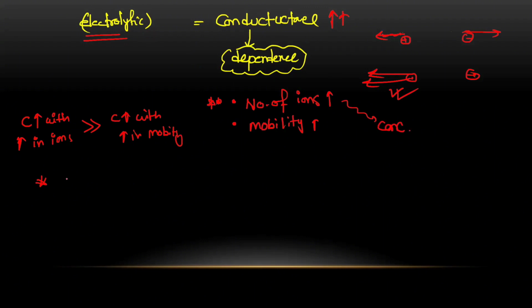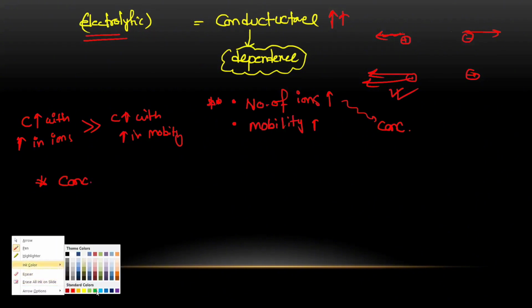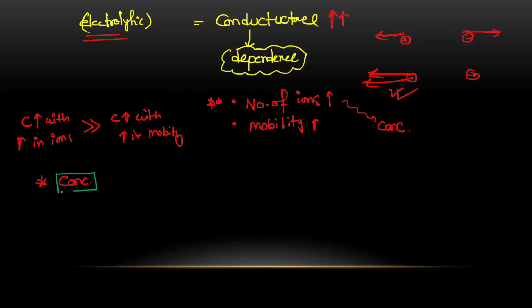Let's see how concentration affects the conductance. Two very important conductance terms are kappa and lambda m, specific conductance and molar conductance. How are they going to depend on concentration?